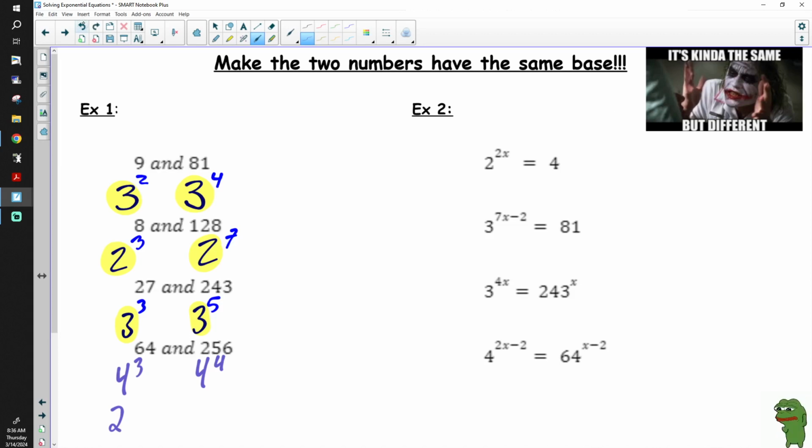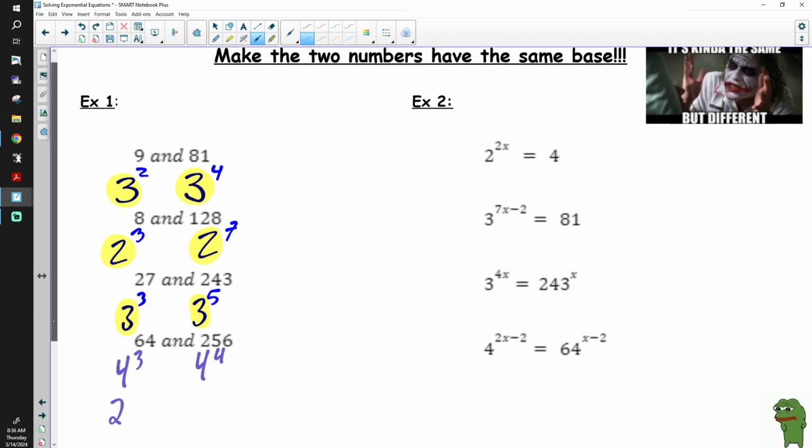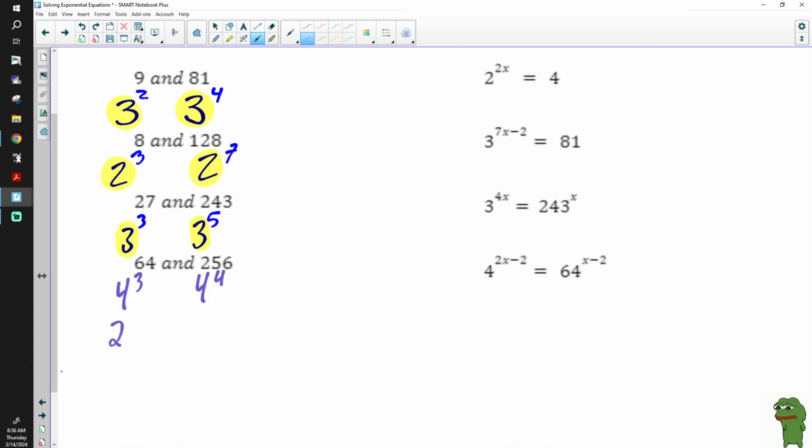What's the first one? 2 to the 6, and 2 to the 8. Ah, yes. There are 2 ways to do this one.